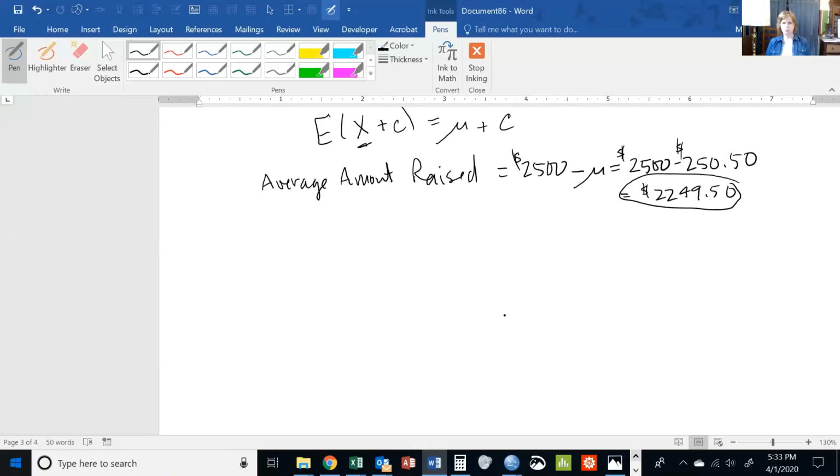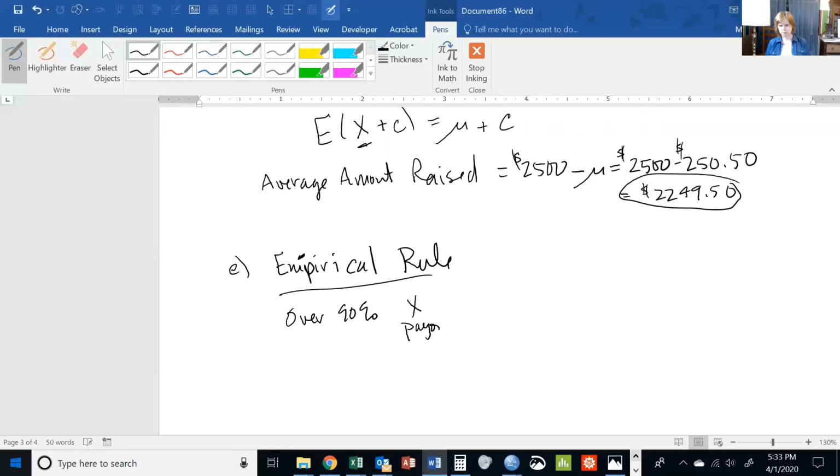All right, so let's use our empirical rule here. According to the empirical rule, over 90% of the time, X, which is our payout, will be within 2 standard deviations of the mean.